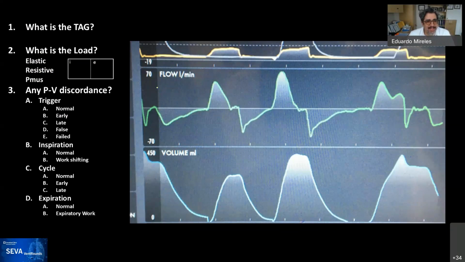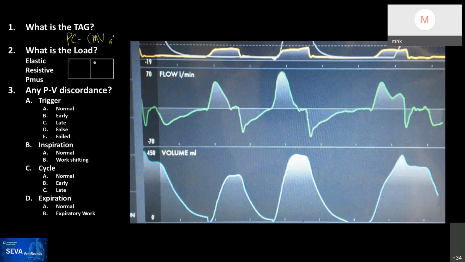Just from looking at this, it looks like pressure control. The I times look similar. I don't see any triggers, but the delivered volume is different. So I don't know if that makes it like PC-CMV-A, like there's an adaptive component to it.